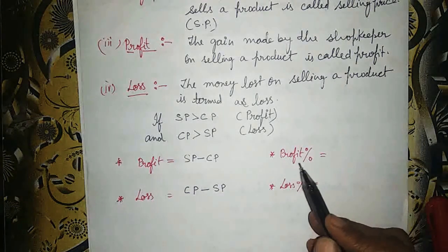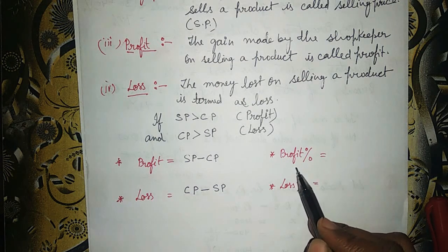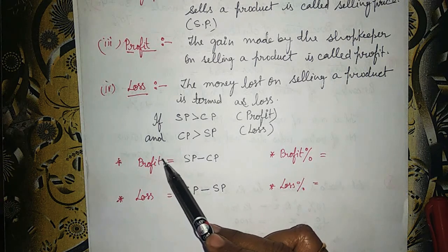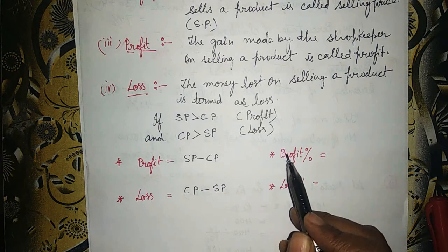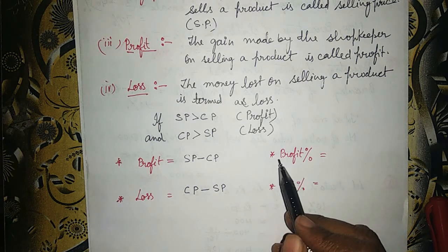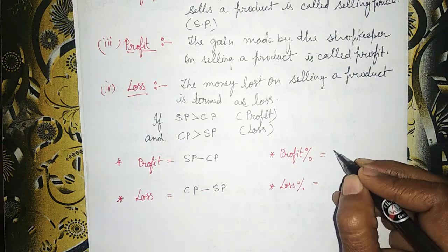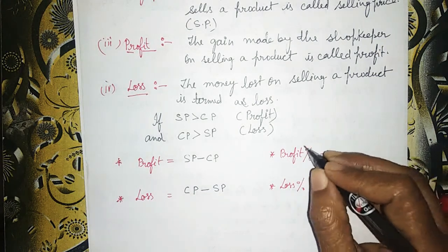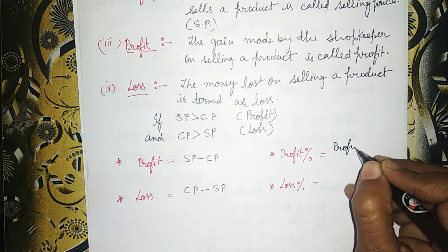Students, if you have to calculate profit percent, first of all, you will find the profit. After knowing profit, you can find profit percent, and you also have to know CP, because in the formula you have to use both profit and CP for profit percent. Now see the formula. What is the formula to calculate profit percent? See very carefully, students.